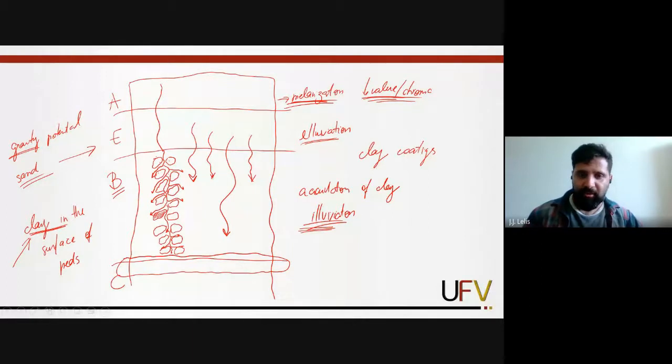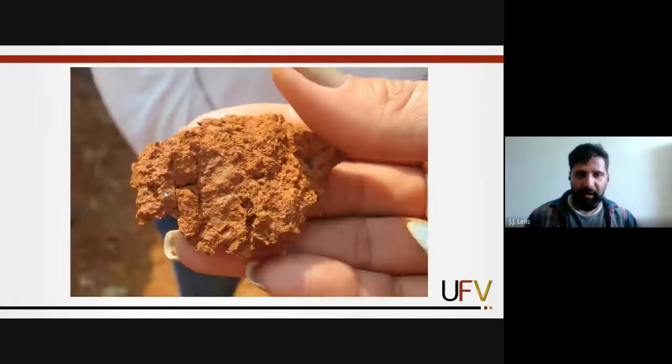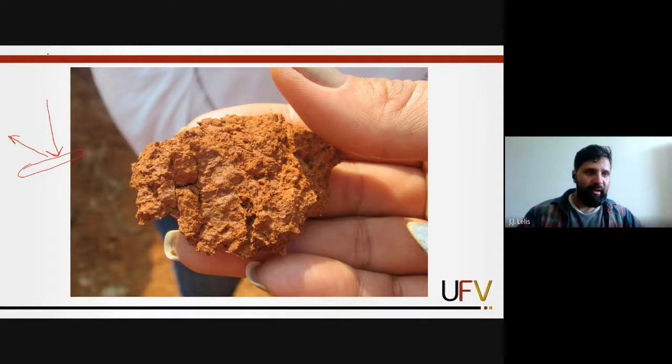And these peds just shine because they have a lot of clay particles deposited on the surface. And generally, this clay has this shape, and this shape is very useful to reflect light. So if the sunlight hits this surface, it is just reflected and creates this shiny surface.